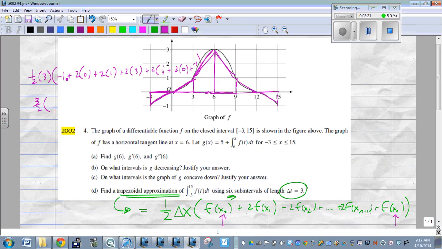So we end up with -1 plus 0 plus 2 plus 6 plus 2 minus 1. We end up getting 8 in there for an area of 12.